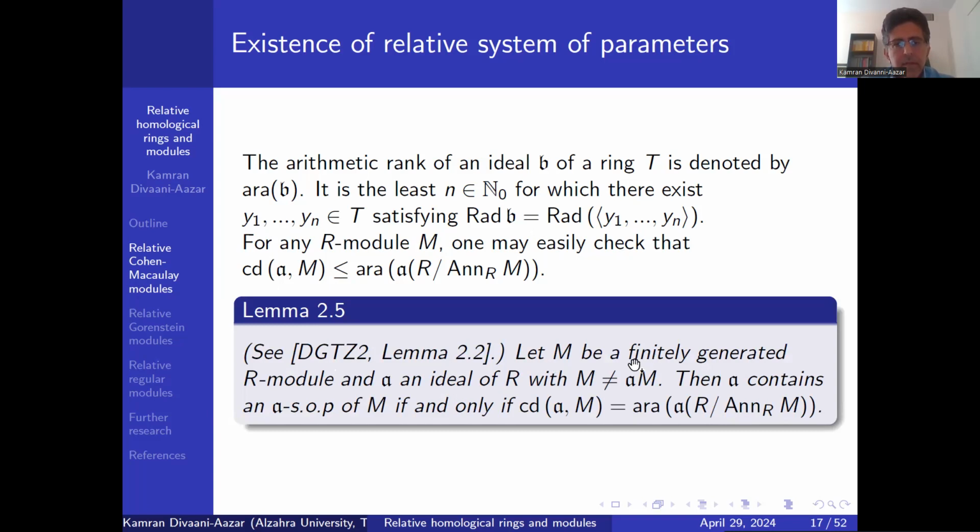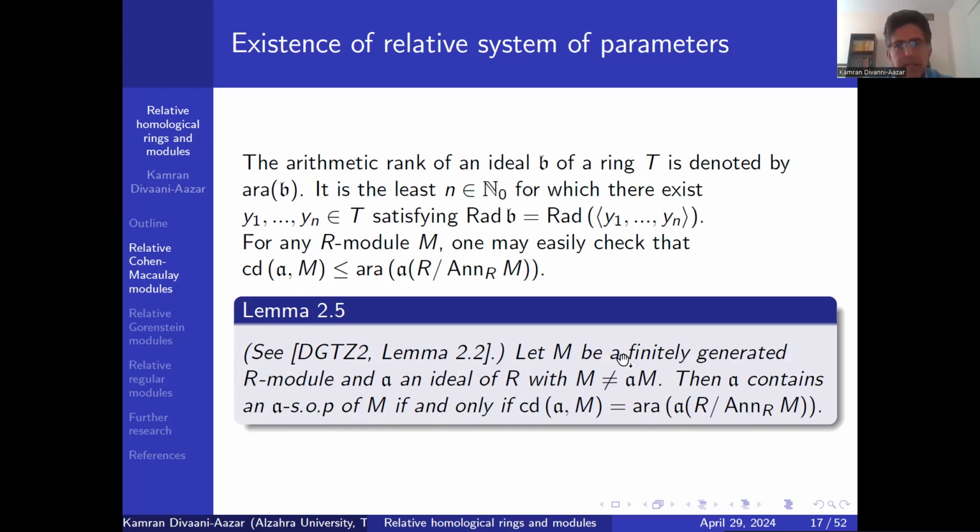Let M be a finitely generated R module, A as before an ideal, and M is not equal to AM. Then A contains a relative system of parameters of M if and only if we have this equality. That means we always have this inequality. If equality holds, then a relative system of parameters exists.